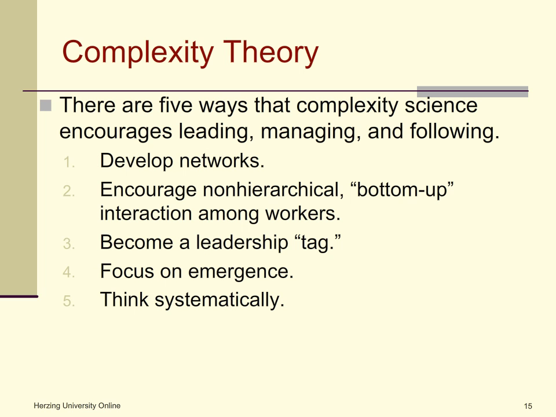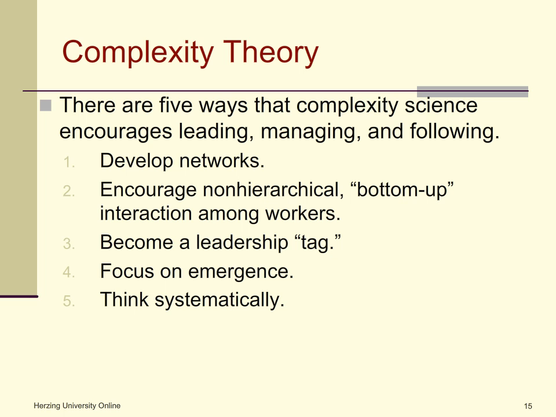In the complexity theory, there are five ways that complexity science encourages leaders, managers, and followers to perform. These five ways are: develop networks, encourage non-hierarchical, bottom-up interaction among workers, become a leadership tag, focus on emergence, and think systemically.